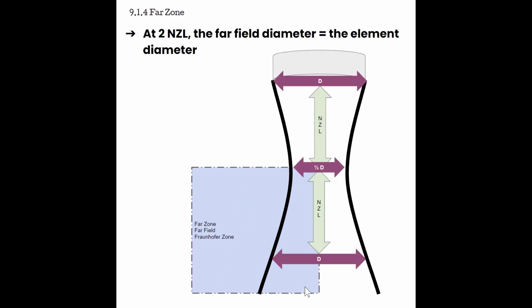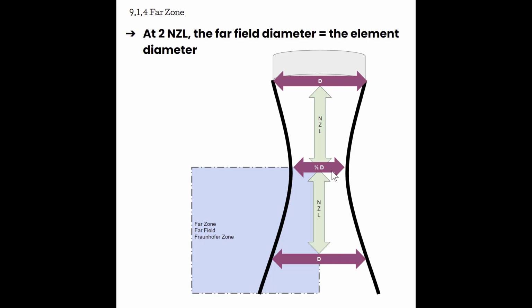As far as measurements go in relation to the far field, at 2 near zone lengths, the beam is going to diverge back to the size of the diameter of the element. Remember, we started out with D for diameter. That is how big the transducer crystal is. The beam comes out and converges naturally to that half diameter.